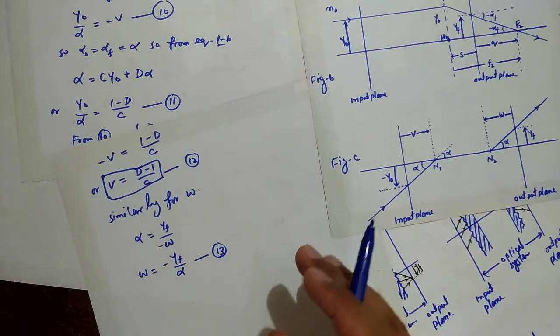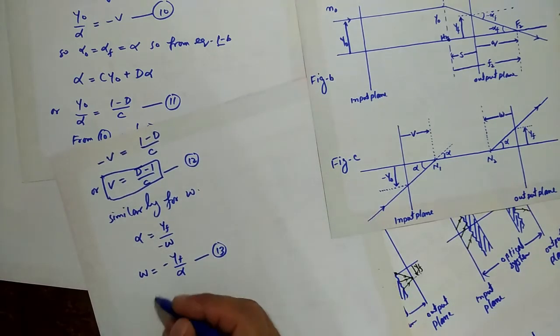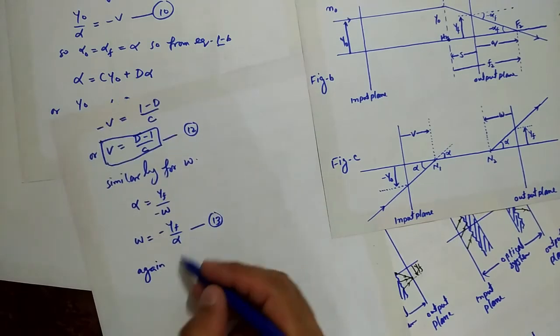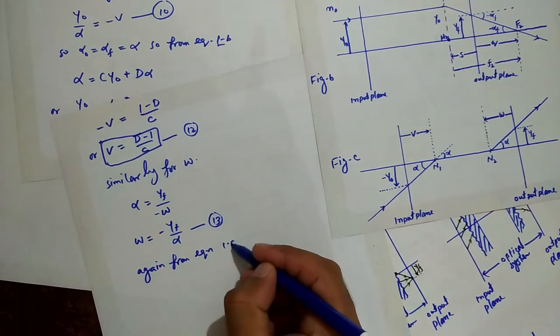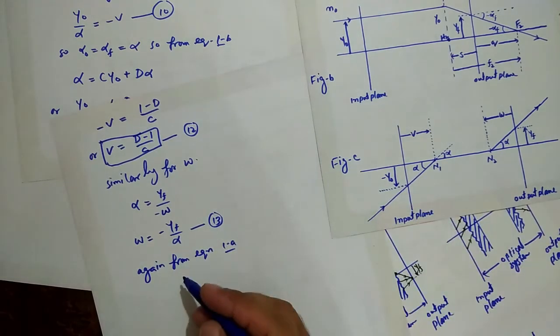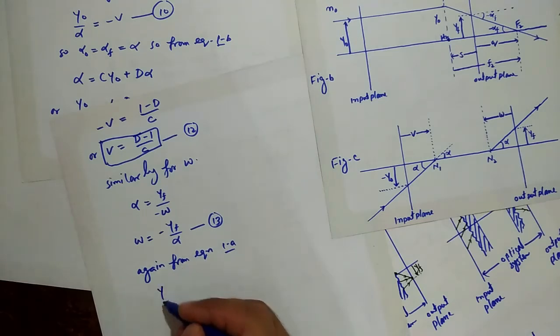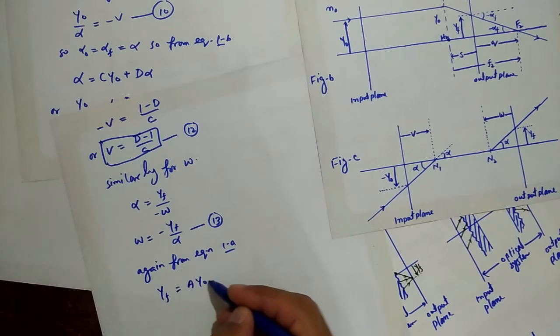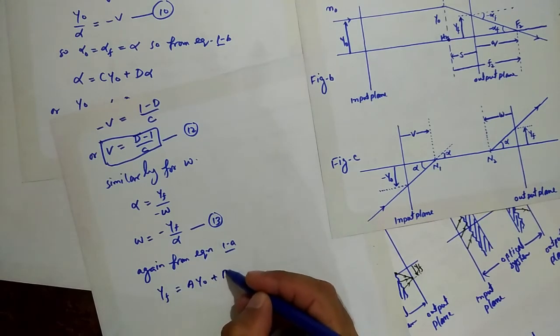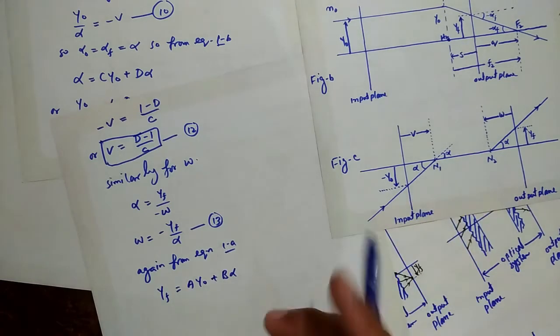And again from equation 1a, which is our primary equation, yf is equal to a y naught plus b alpha naught, but alpha naught here is alpha.